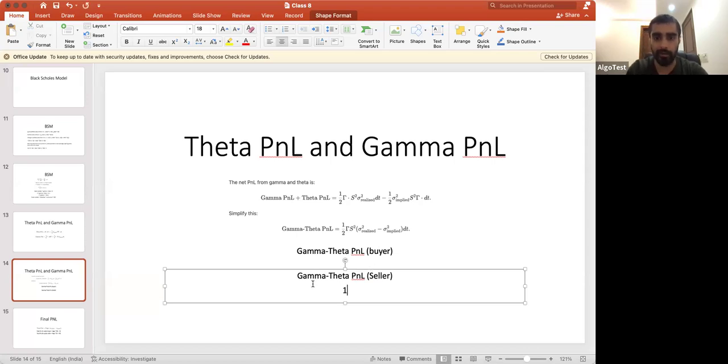So it'll be half into gamma into stock price squared into IV squared minus RV squared.